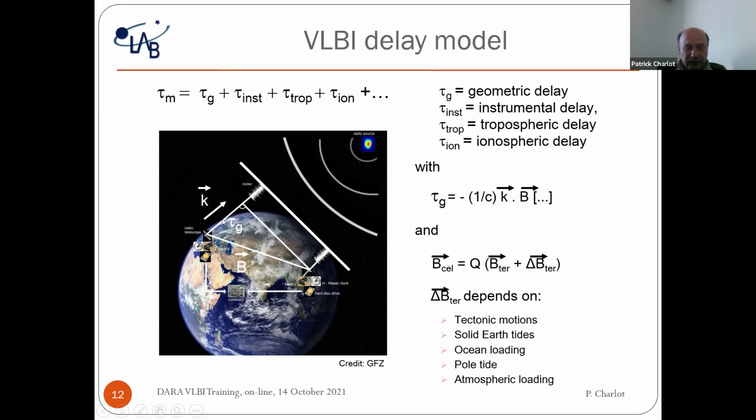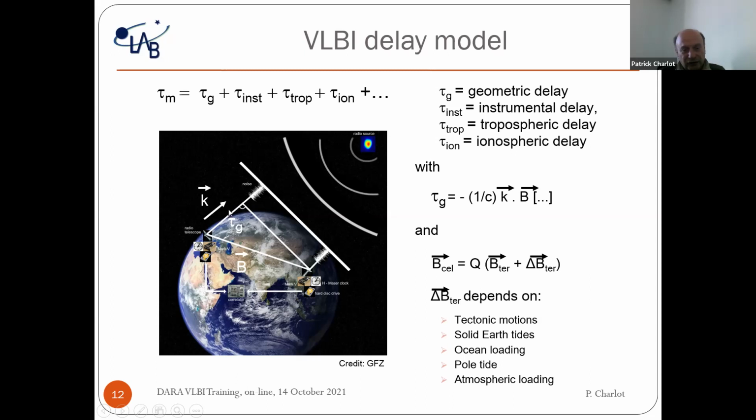Actually, it is the vector product between these two quantities, with a scaling factor due to the speed of light, c. This is your measured quantity; it comes from the correlation, this is your observed quantity.